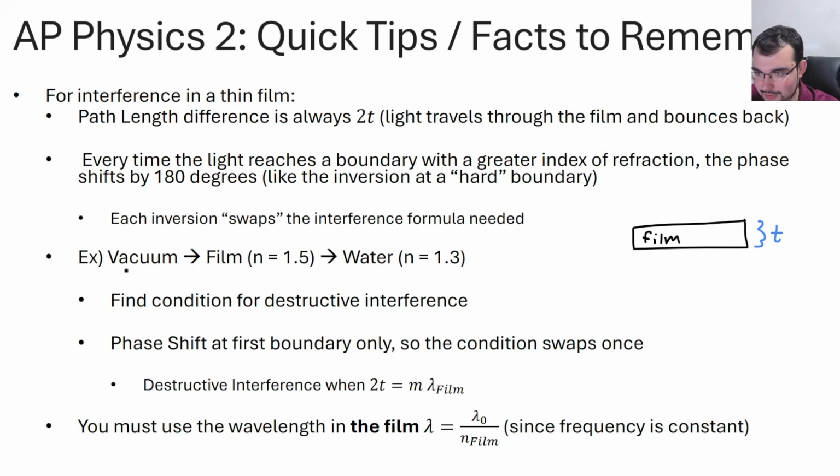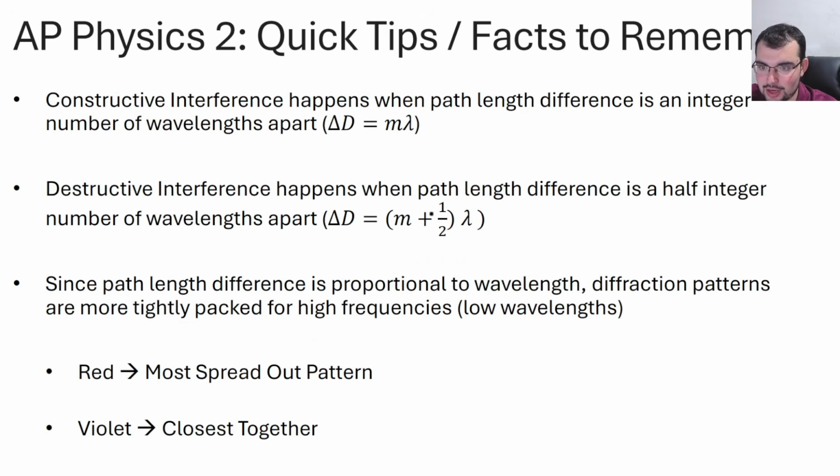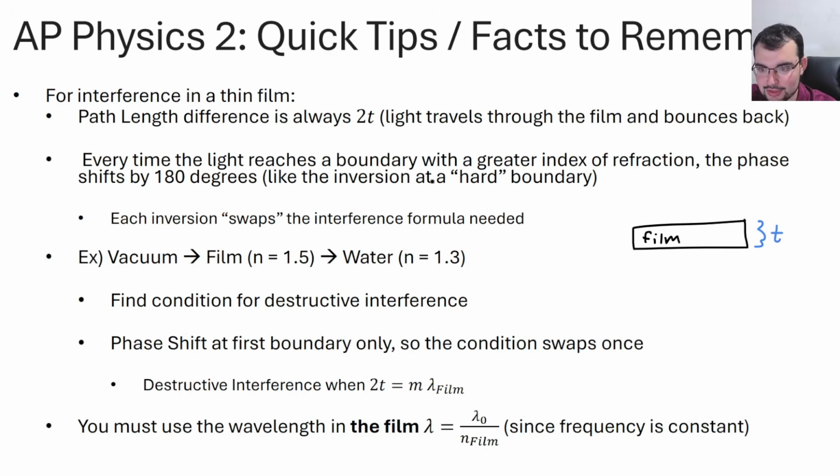For example, if I'm in a vacuum, which is n equals 1, and then a film, which is 1.5, and I'm looking for destructive interference, well, I've approached the film, so I know that my conditions swapped once. And then I approach a different thing, but there's not a reflection, there's not a phase shift across this one because it's not a larger index. So I've exactly swapped the conditions once.